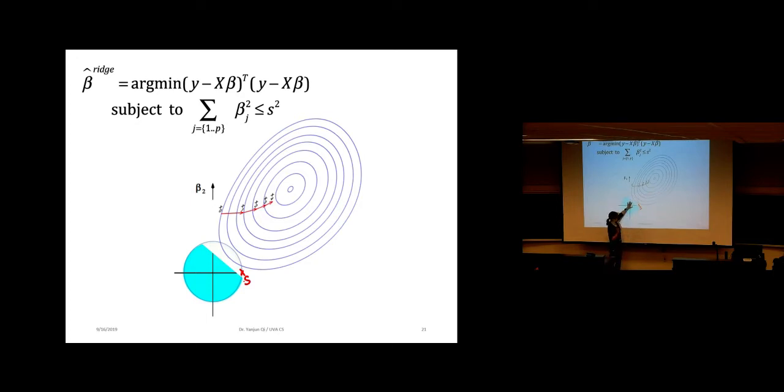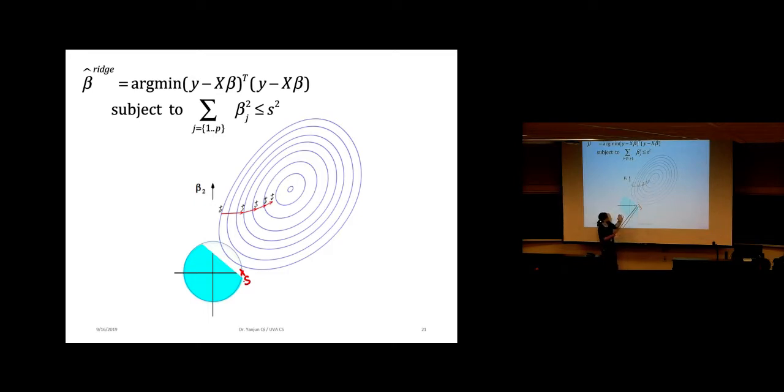X is a beta. Again, I think the contour map is better, easier to explain here. So there's a lot of contours, and the farther the contour is from the center, the higher the loss.